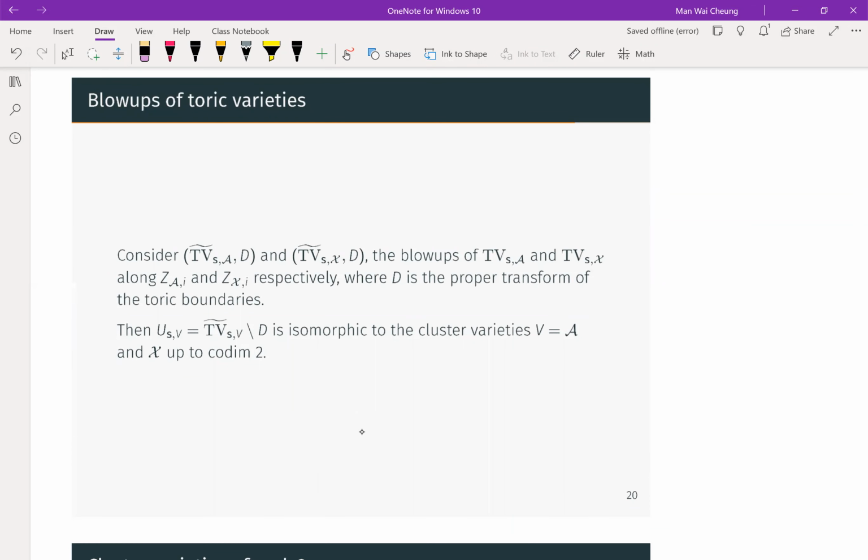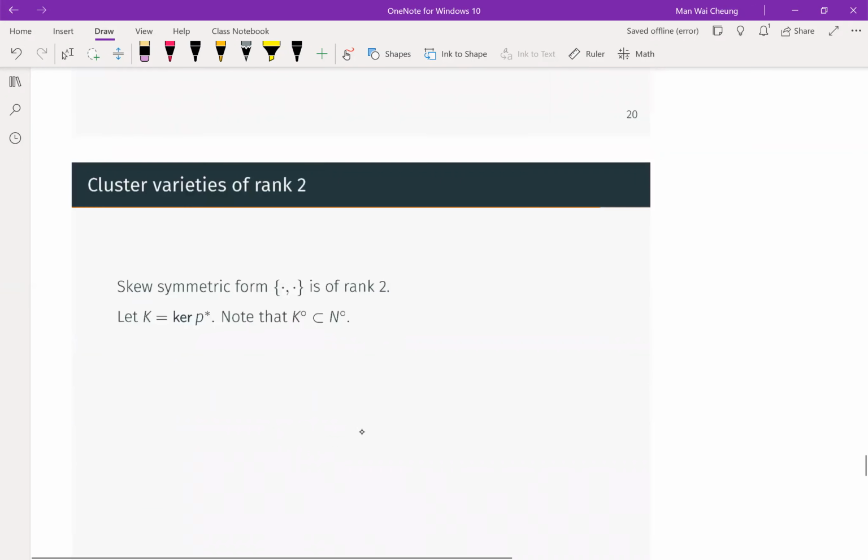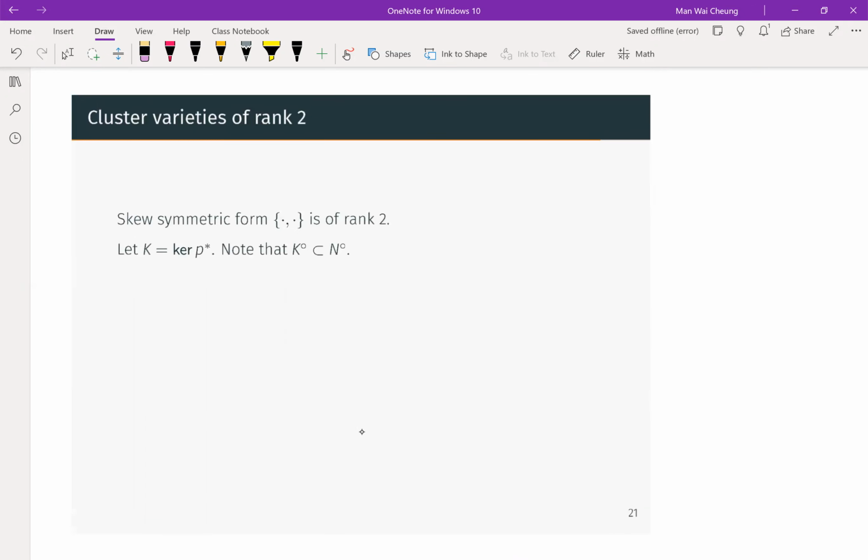So actually the cluster variety is something defined only up to codimension 2, because the algebra will be the same. So we nail down to our rank 2 case. What do we mean by rank 2? The skew-symmetric form in the fixed data has rank 2.